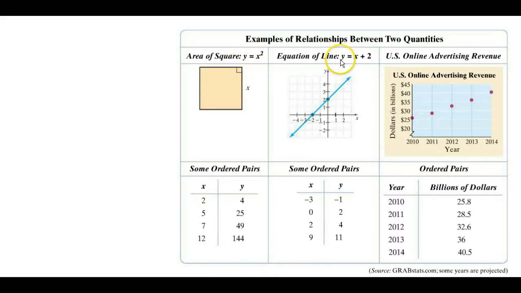The equation in slope-intercept form, or even standard form, indicates a relationship. Online advertising revenue, as we show it through the years, is a relationship. That is, it's a connection between two quantities.